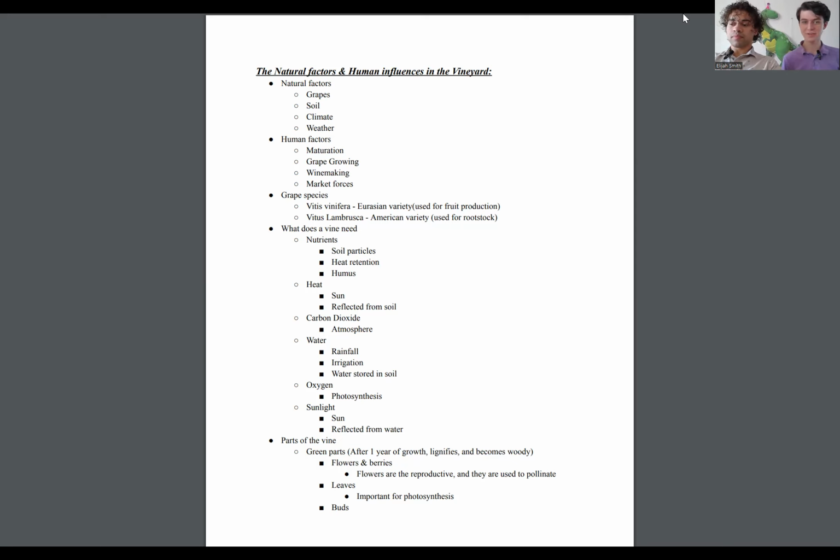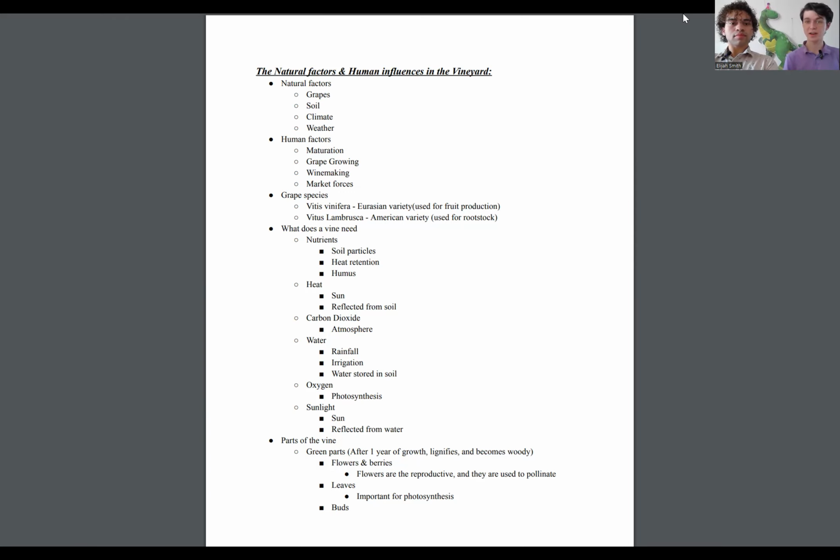Vines live, and as such, they need nutrients. They get that from the soil. They absorb that through their rootstock. They also need heat. So especially, let's say, Cabernet Sauvignon needs a lot of heat to ripen.